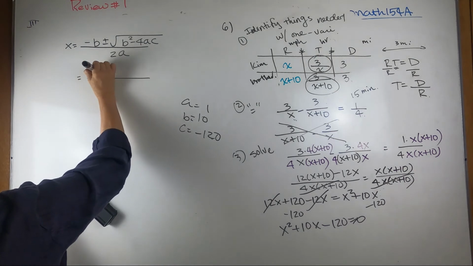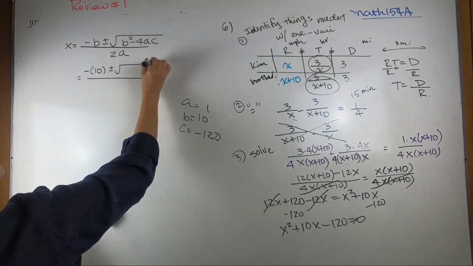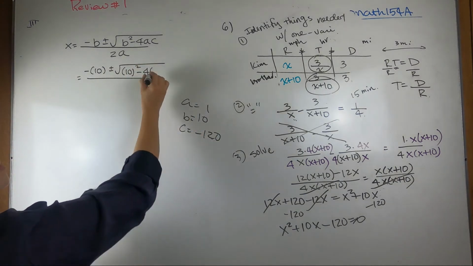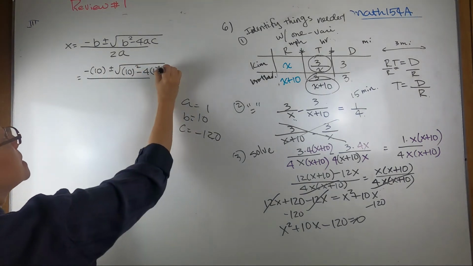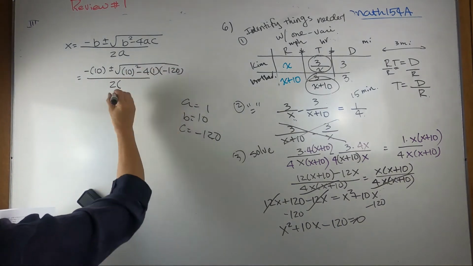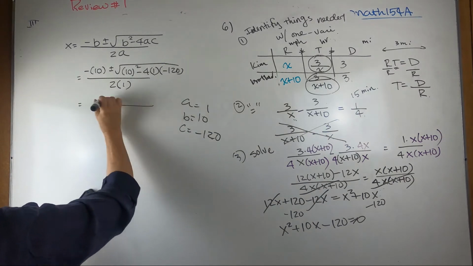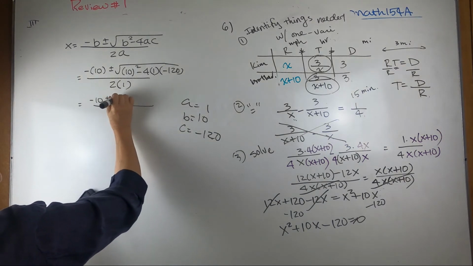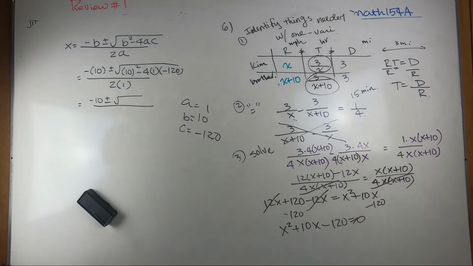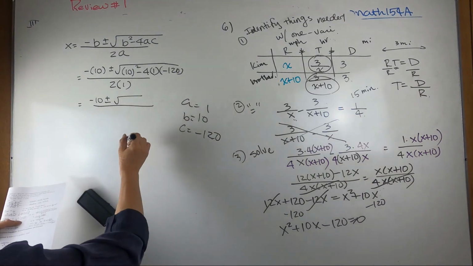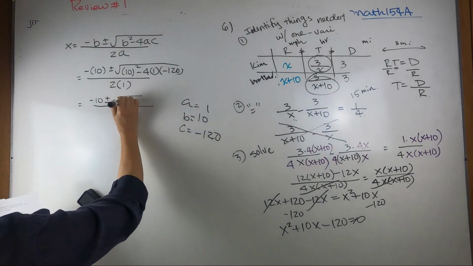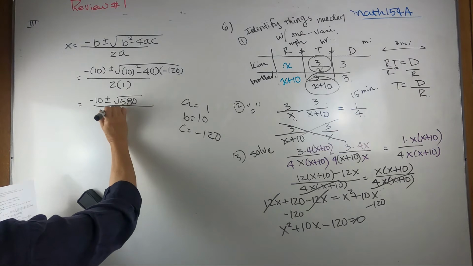So we have negative 10 plus or minus the square root of 10 squared minus 4 times a is 1, c is negative 120, over 2 times 1. So we have negative 10 plus or minus, that's 100, 4 times 120 is 480, so it's 100 plus 480, 580, over 2.